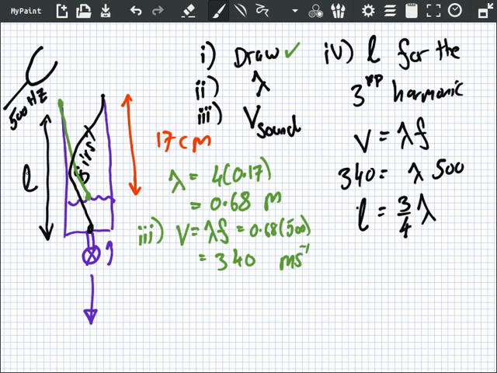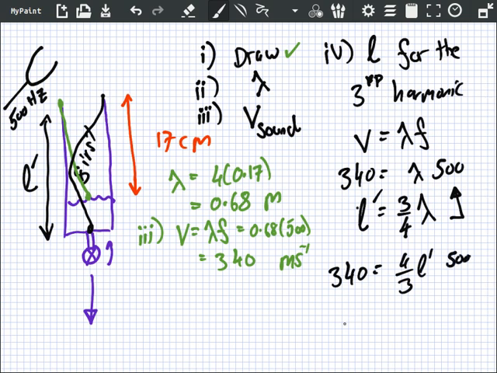I'll write this as L dash to mean the new length. Are you happy with that? That the new length would be 3/4 the wavelength? Yeah. If I sub that in, I can get 340 equals 4/3 the new length times 500.